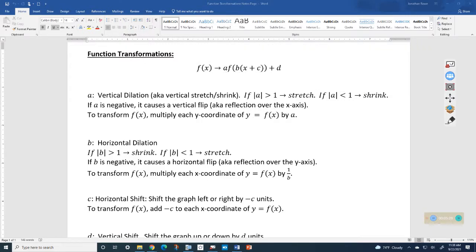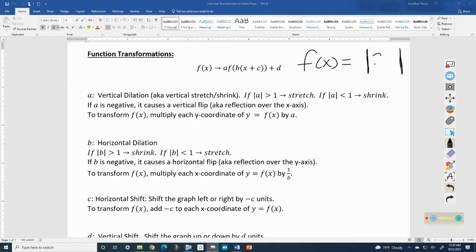All right. Now we're looking at B. B causes a horizontal dilation. So, if you had that absolute value function, the B would not be found in front of that whole absolute value function, but inside of the absolute value function.